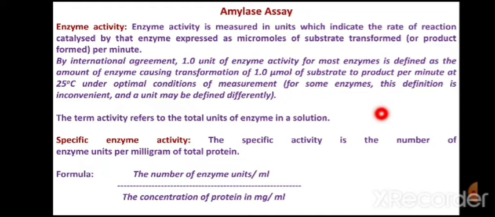Therefore, the specific activity is the number of enzyme units per milligram of total protein. This is the formula for specific enzyme activity: the number of enzyme units, which may be total or per ml, divided by the concentration of protein in milligrams per ml. It may be concentration or total protein.